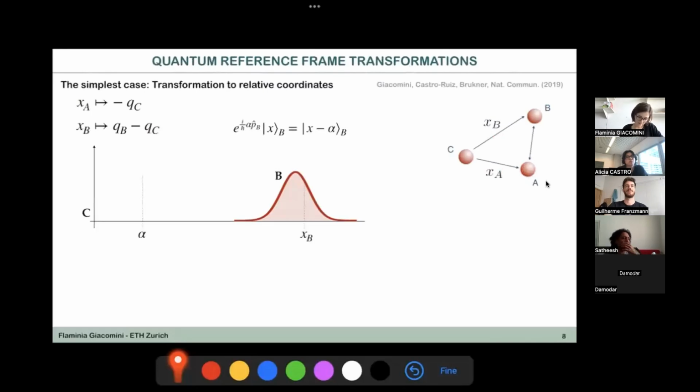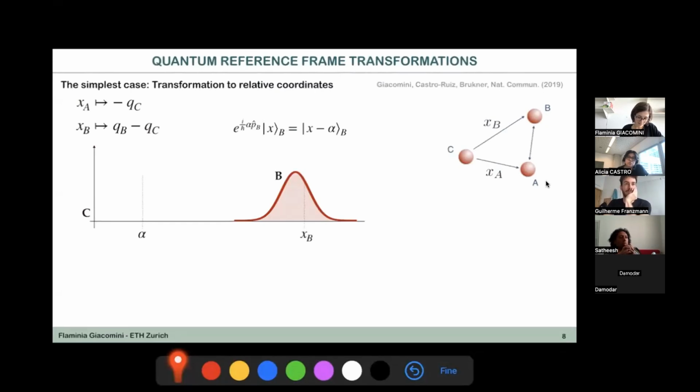Now, let us take C as the origin. Here I'm drawing it in 2 dimensions, but this is actually a 1-dimensional formalism. So let's center the initial reference frame in some origin that will correspond in the end to C. Let's consider a particle B that is some wave function distributed according to this function here.